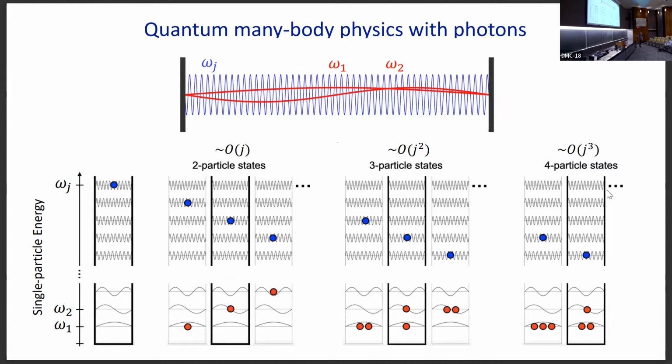And for example, if you populate some of the higher modes, mode J, with a single photon, then the state will actually be in resonance with many other multi-photon states. So you can distribute the energy of this photon into two-particle states, where, for example, one photon is in the mode below and one photon in the very first mode, or one photon in the mode 2 down and a photon in the second mode.